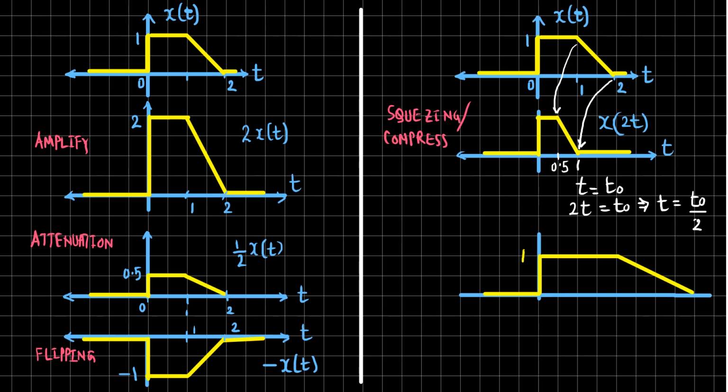So the amplitude will remain the same. These markings will be doubled. Now you may compare the original signal with the expanded one. You may see that this signal is now expanded by a factor of 2. This signal is also expanded by a factor of 2. So each of these segments in the original signal is expanded by a factor of 2.